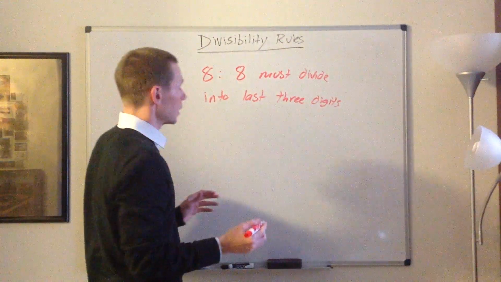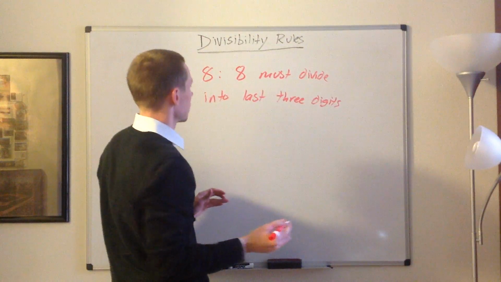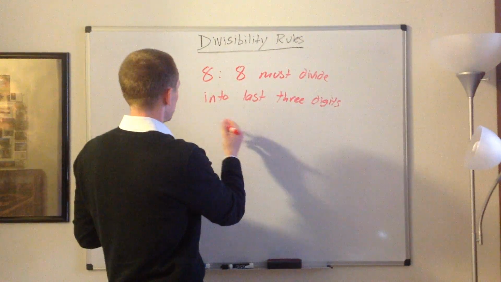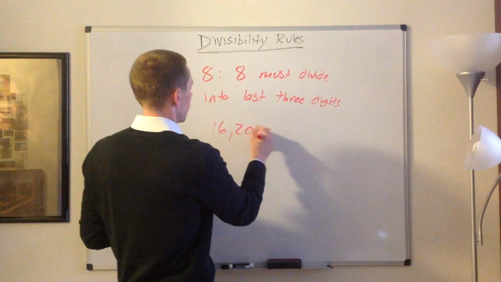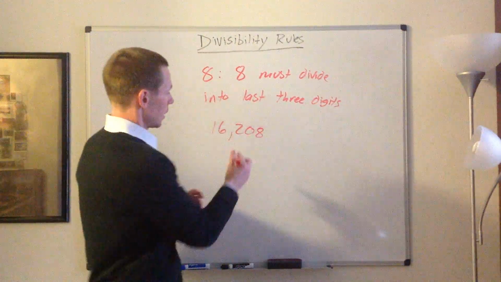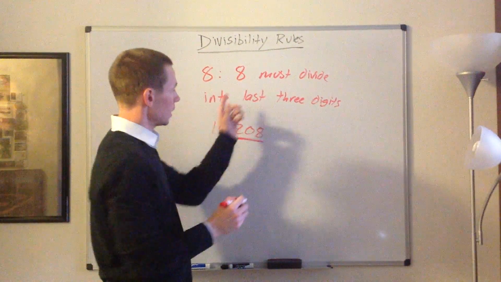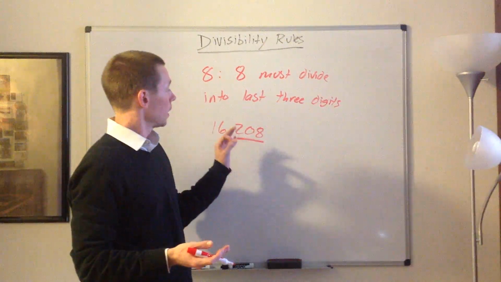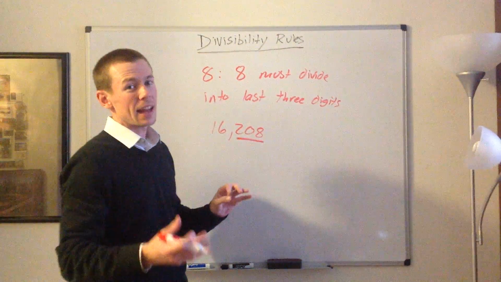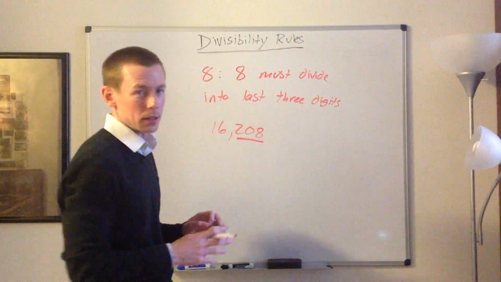So if we look at a number like 16,208, look at the last 3 digits. Does 8 go into 208? It does. So therefore, it would go into this big number. Now that actually might be easier to use the calculator as well.